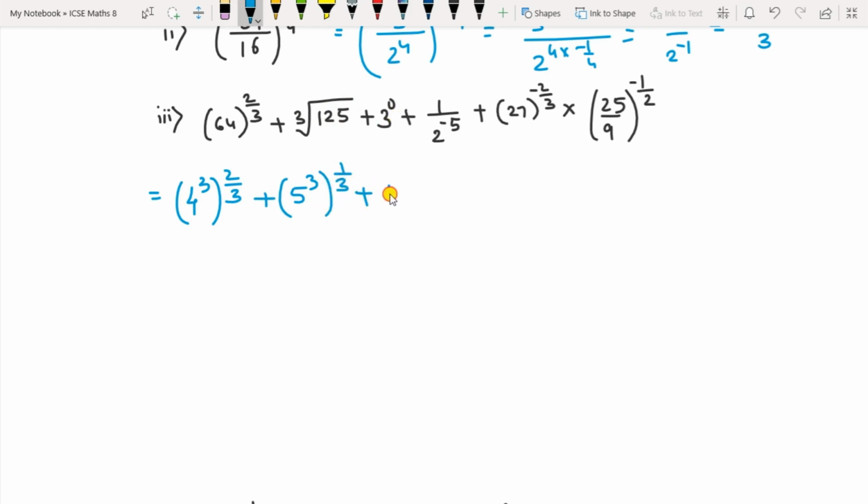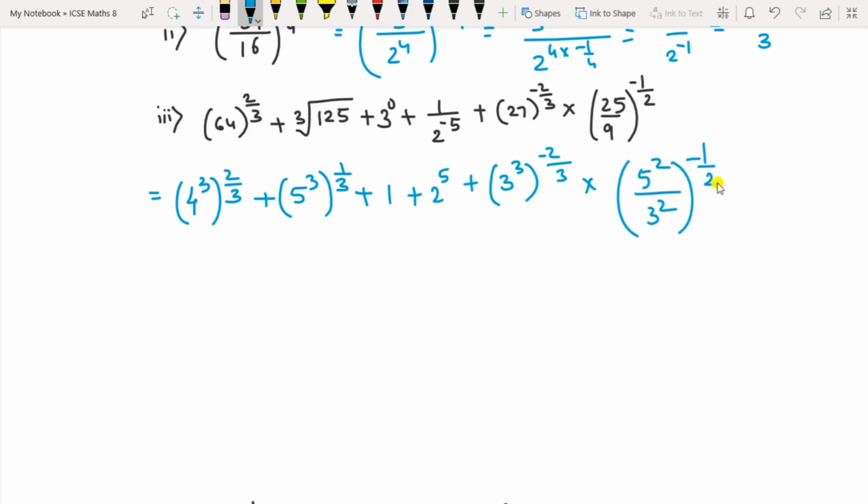Any number raised to 0 means 1. This is negative power, so write its inverse, so it becomes 2 raised to 5. Here 27, the outside power is 3 here in the denominator, so split it with the number having 3 power and minus 2 by 3. And this one is 5 square upon 3 square raised to minus 1 by 2.